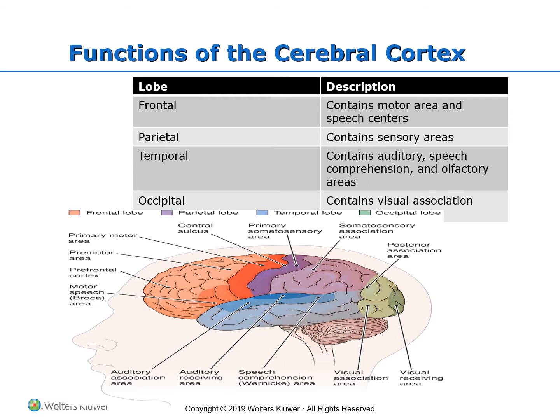The gyrus just posterior to the central sulcus, mirroring the primary motor area, is called the primary somatosensory area. All the impulses from the skin, regardless of what type, whether touch, pain, or temperature, are received in this area.